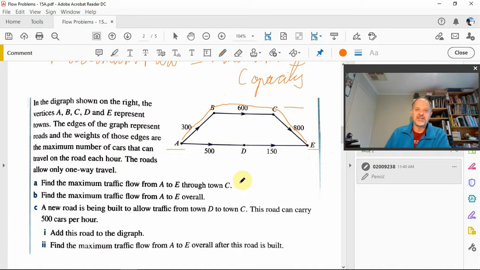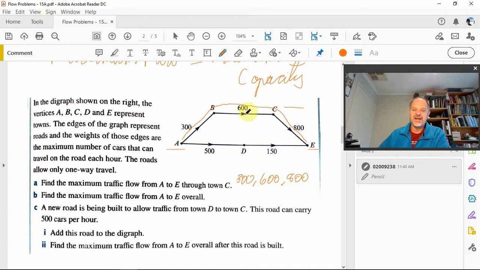When we look, we've got capacities of 300, 600, and 800. It's actually asking what the maximum flow is.